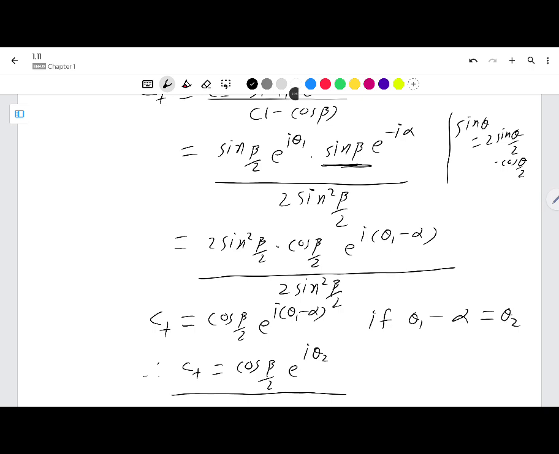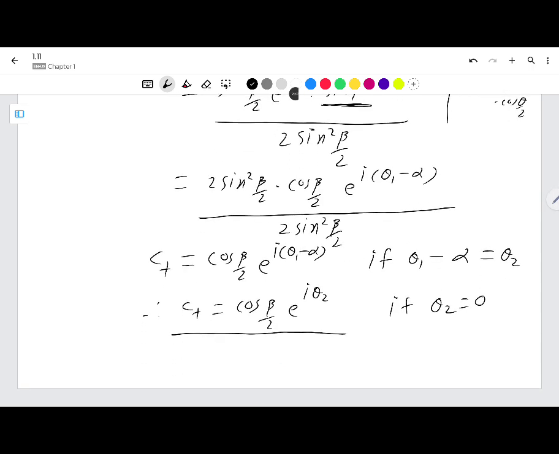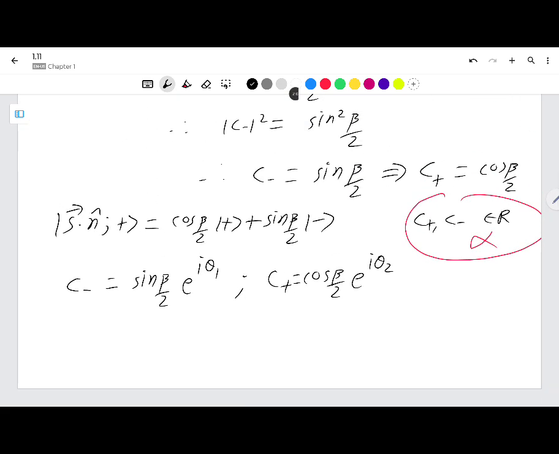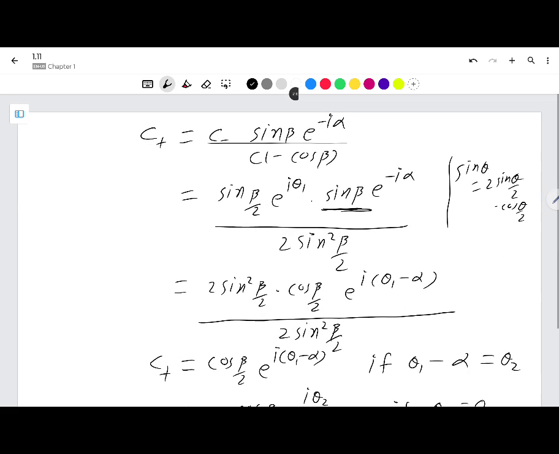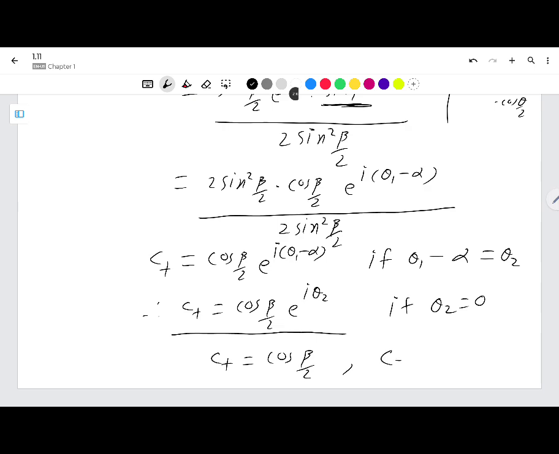So for simplicity, if I say that theta 2 is equal to 0, then C plus is cos beta by 2 and C minus will be sine beta by 2 e power I alpha.